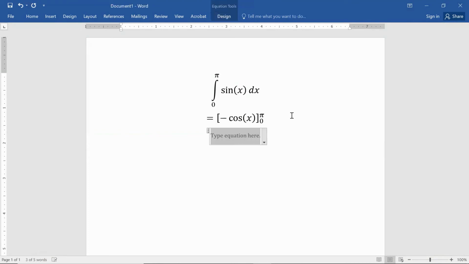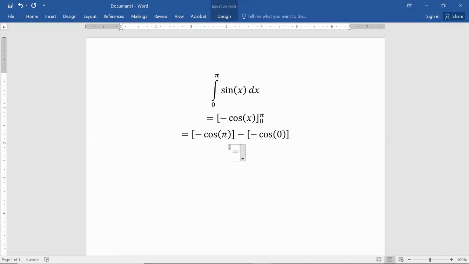We're going to begin by plugging in pi. So we get negative cosine of pi, and then subtract what we get by plugging in 0, negative cosine of 0. My apologies. Those negative signs are important, obviously.